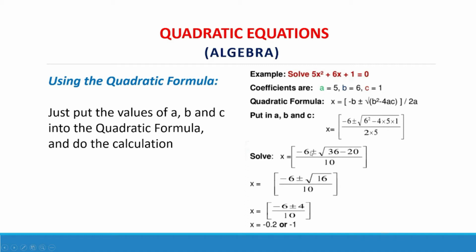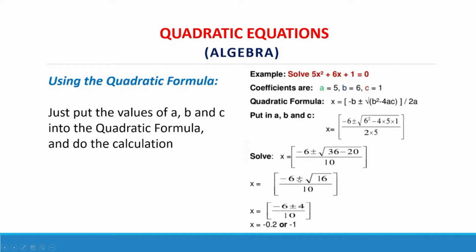Simplify: negative 6 plus or minus the square root of 6 times 6, which is 36, minus 4 times 5 times 1, which is 20, all over 2 times 5, or 10.